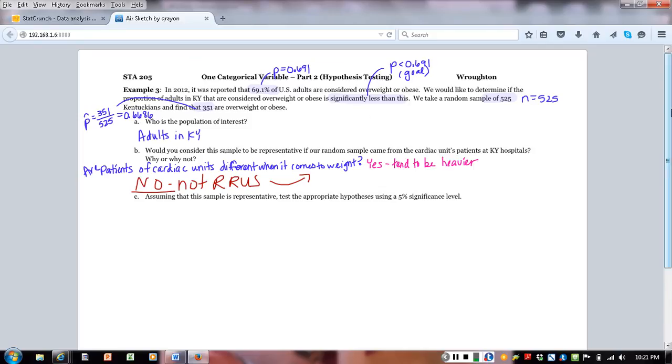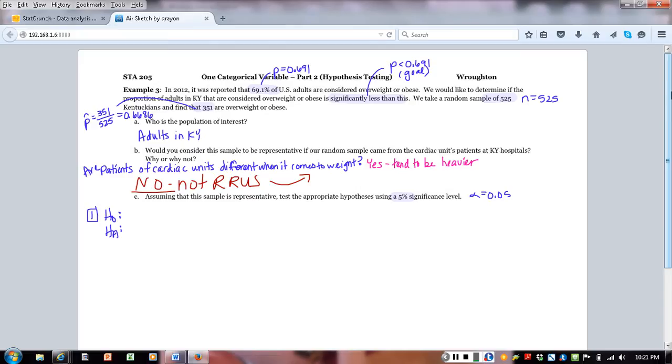But now, assuming that I did not do that, let's test the appropriate hypothesis using a 5% significance level. So I'm giving you here your alpha to use of 0.05. Right, so our first step for our hypothesis test is the hypotheses. So our null hypothesis and our alternative hypothesis.